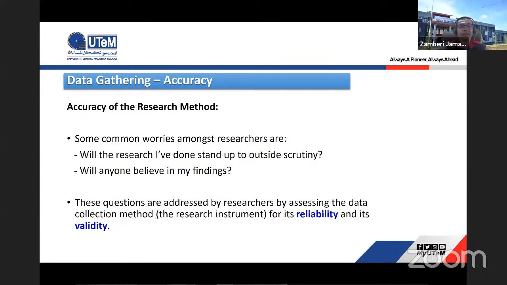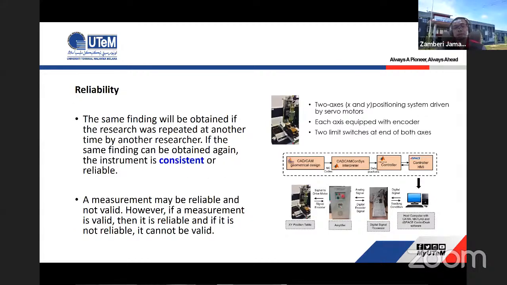reliability and validity. When we talk about reliability, we talk about consistency of the instruments. For example, clearly state that we have an experiment here: a milling machine equipped with an encoder. We should highlight what resolution this encoder has, 0.01 micron, for example.